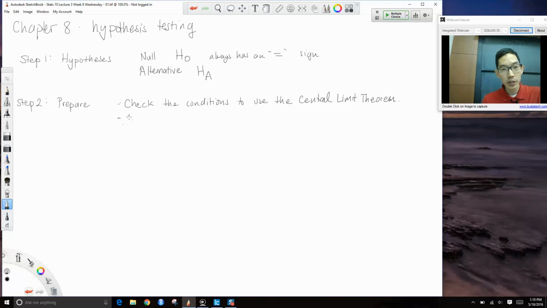We're also going to select the significance level, which is our alpha. Sometimes it's specified in the problem, and if it's not, assume that it is 0.5.